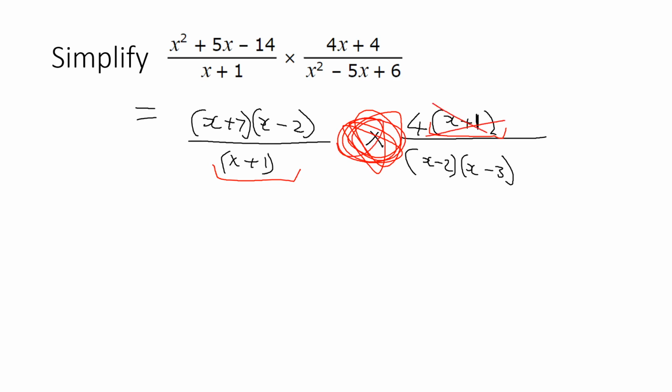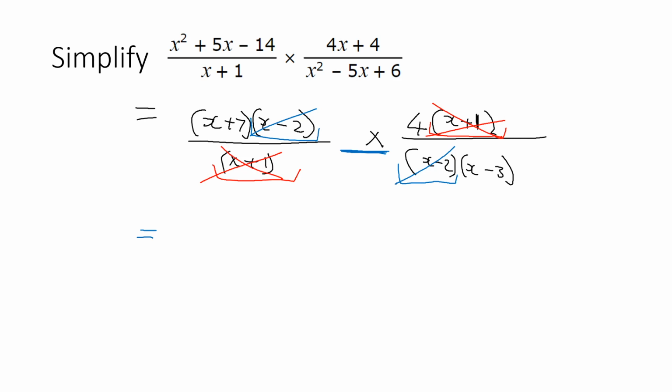So therefore we can cancel them out. Now, let's take a look at what else we have in common. We have an x minus 2 here, and we have an x minus 2 here. Again, because we are multiplying, really important, we're multiplying, so now we can cancel them out.